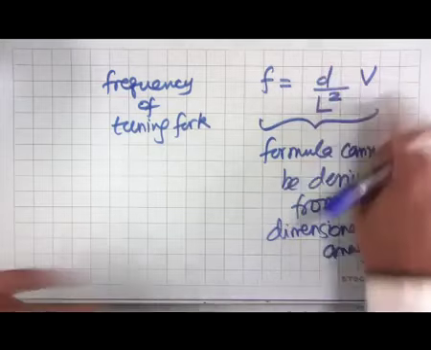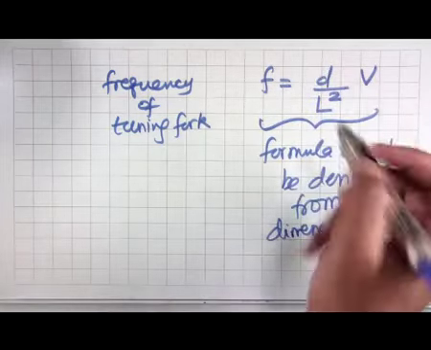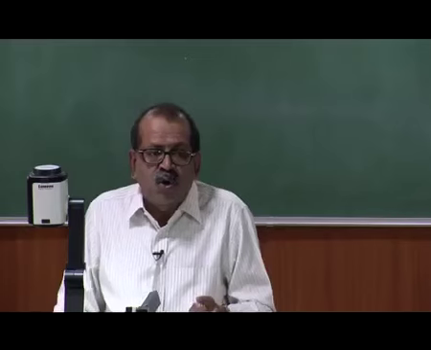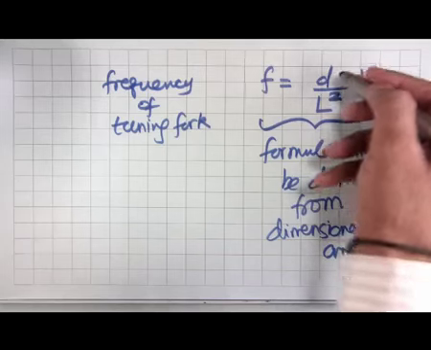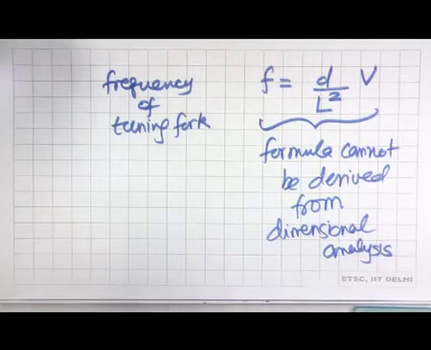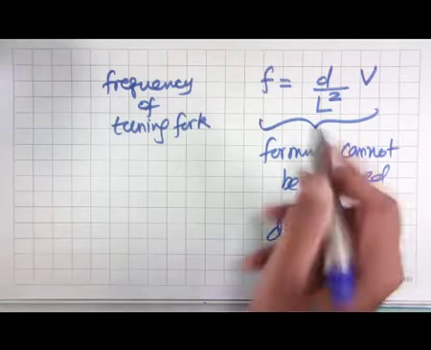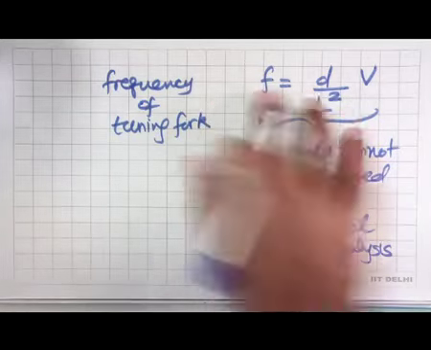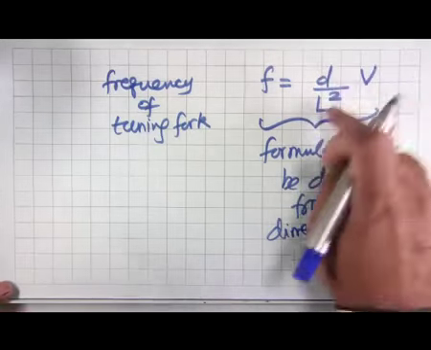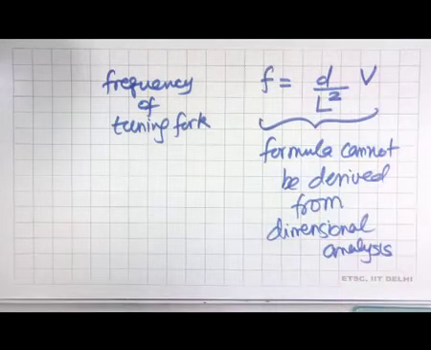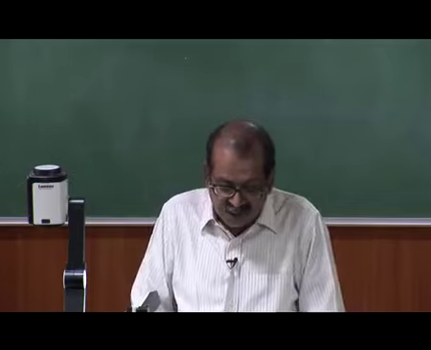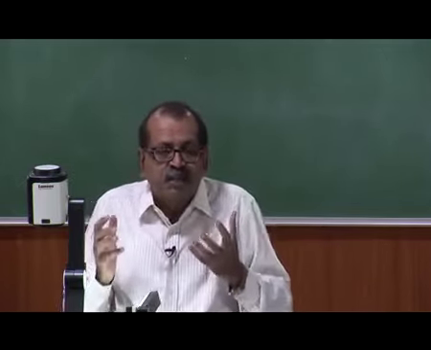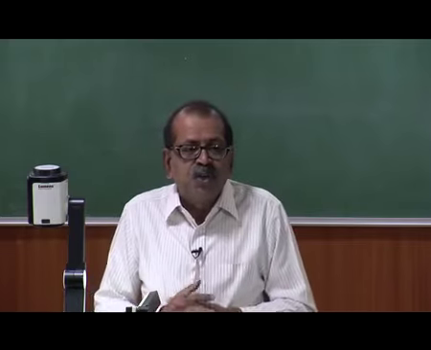The number of basic variables here is only 2, L and T. Therefore we could at most get 3 variables involved, but there are 4 variables: F, D, L square and V. But once again the dimensional consistency has to be ensured. The dimension of F has to be the same as the dimension of D by L square times V. So that dimensional analysis can check. This is how we see that while dimensional analysis is a powerful tool, it has its own limitations.